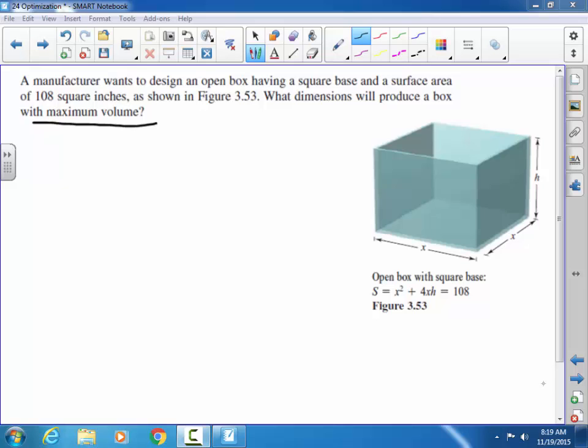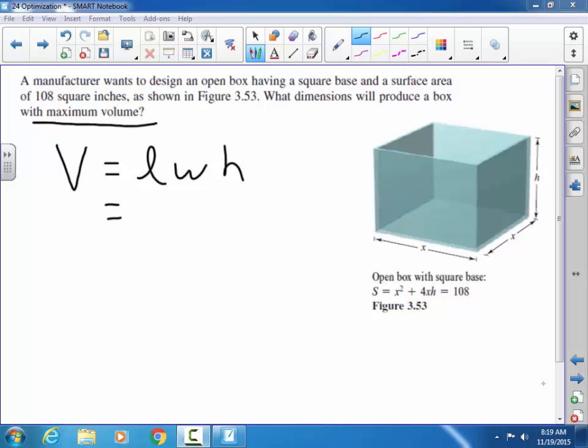So the question is, how do I find the volume of a box? Length times width times height. Very good. It's three-dimensional. Now, that means I've got, besides the volume, 3 variables. Well, then we really want to get that down to 1 in order to make this easy on us, if possible.